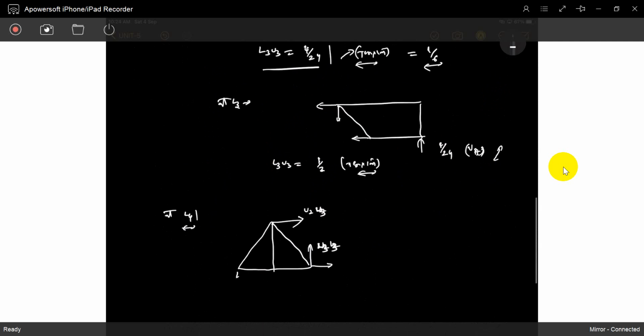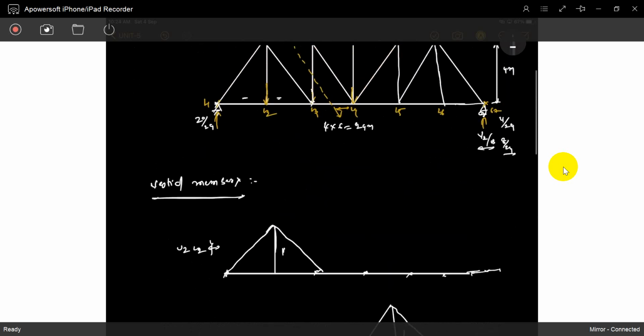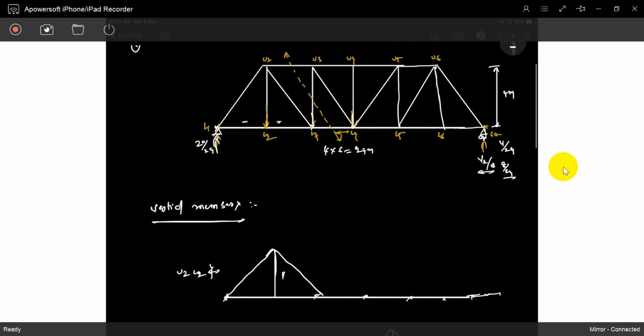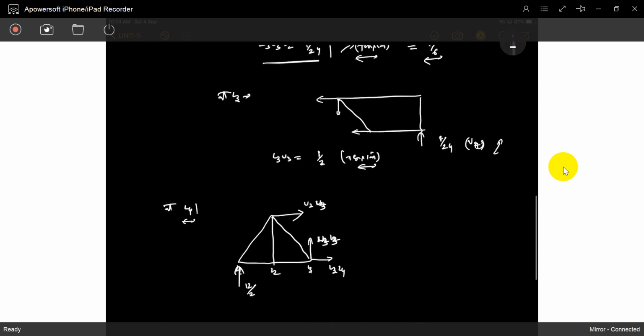Okay, this is L1, L2, L3. This is L3 L4. So what is this reaction? If the load is at L4, what is the reaction? It's a 12 by 24. That's it. So this is 12 by 24.